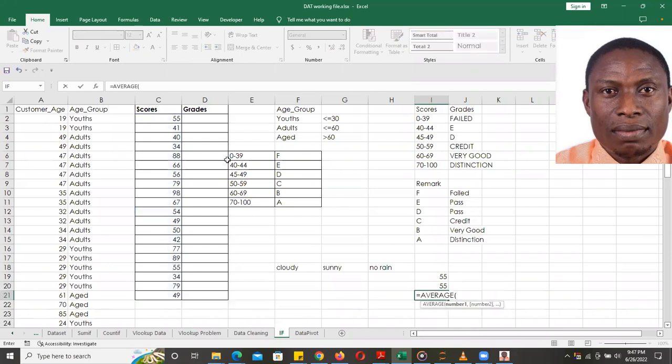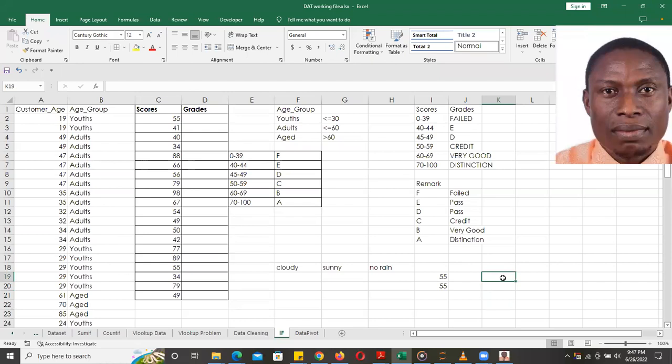Let me do the average and let's see. Okay, beautiful. So this guy's giving us 55. Let's look at it together: 55 twice, 79 twice, and 49 twice, right?